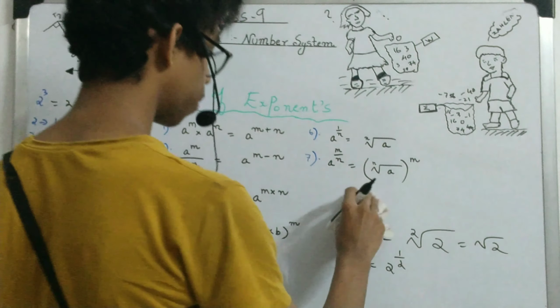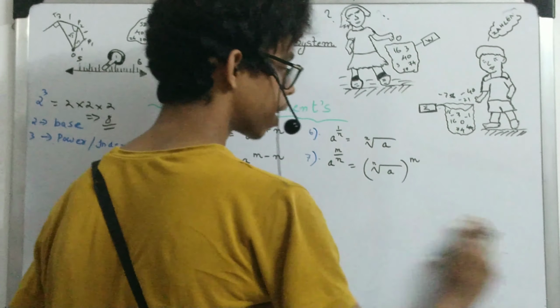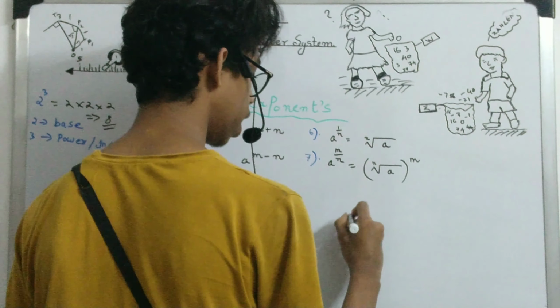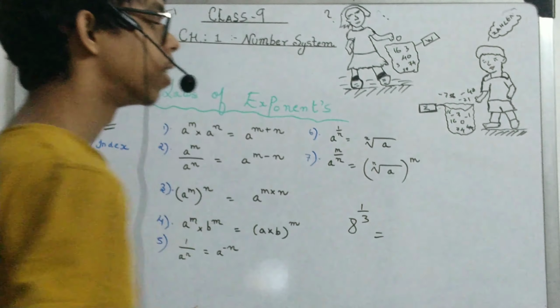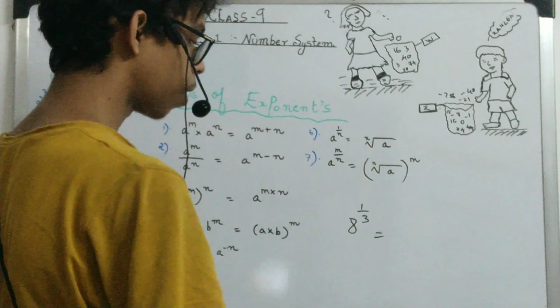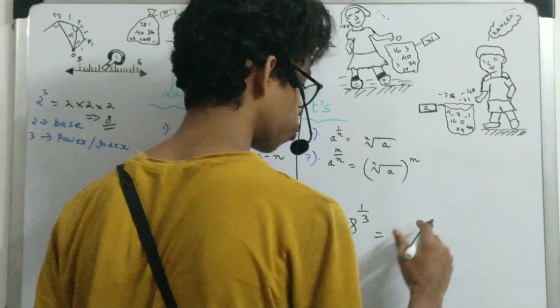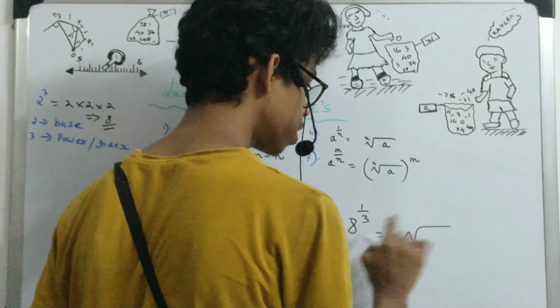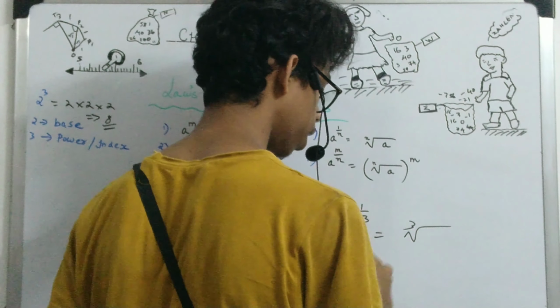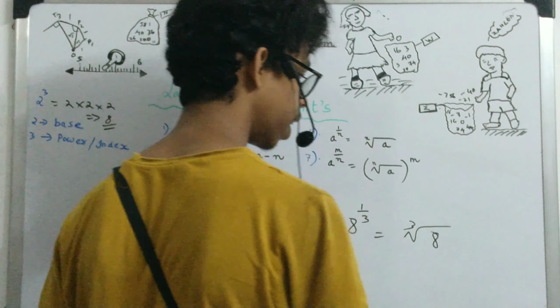Now if I give you another example, 8 raised to 1 by 3, how can I write this in the root form? I will put my root over here. Here n is 3, so that I will write over here, and our base is 8.